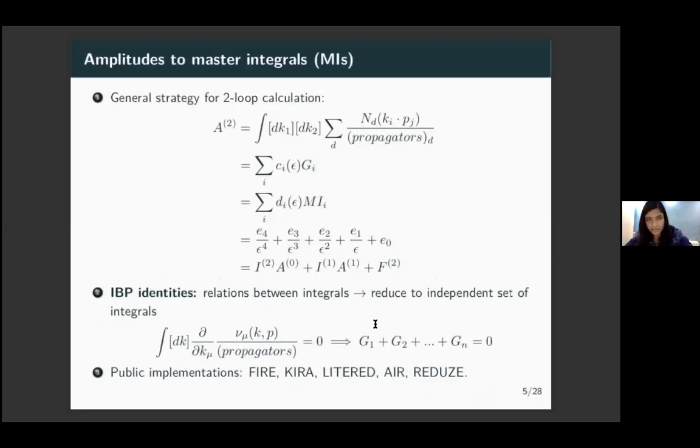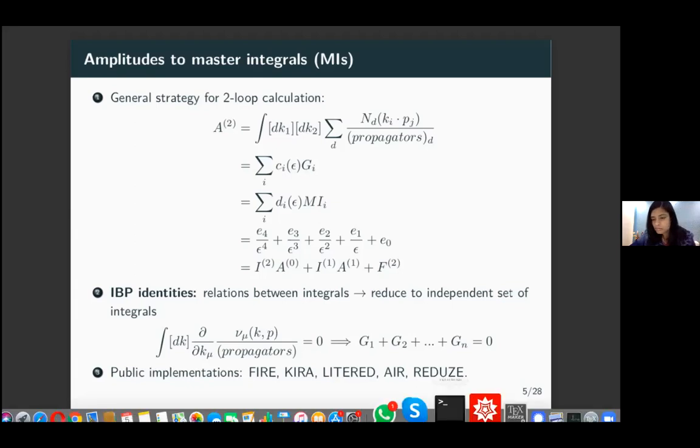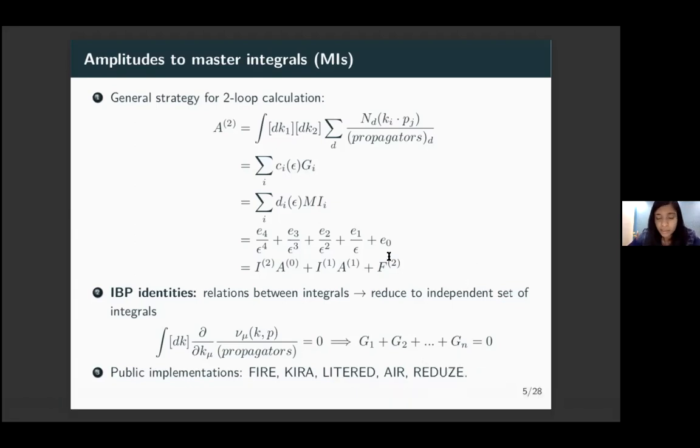Now, this is just a rough sketch of how I go from amplitudes to master integrals. So a general strategy for a two-loop calculation looks like this. You write an amplitude at a particular order as a sum of different diagrams which contribute to that process. Now you want to arrange them in a nicer form so that you can write them in terms of something we call ISPs, which are independent scalar products, in the space of ISPs and loop momentum, which looks like this, Ci, Gi basically.